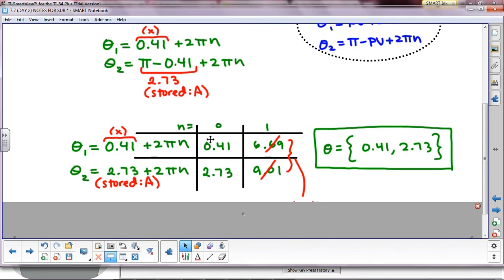If you plug in 0, you'll see that both of those are going to give you solutions between 0 and 2 pi. Remember, 2 pi is approximately 6.28. Because they're both positive, if you plug in positive 1, you're going to get numbers that are too big. So this one only has two solutions, 0.41 and 2.73. And I forgot to mention, we are rounding to the hundredths place today.